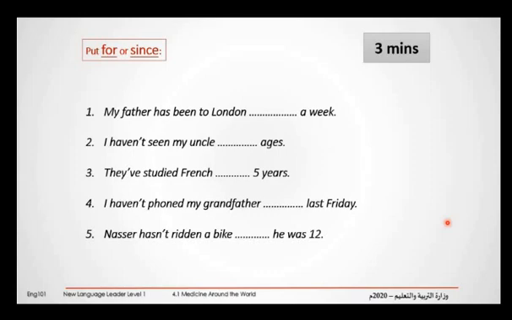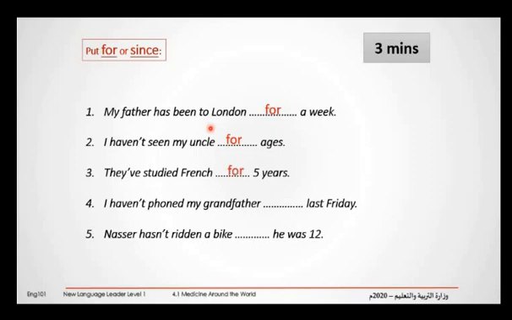Well done. Thank you. Now, let's look at the correct answers. Number 1. My father has been to London for a week. Number 2. I haven't seen my uncle for ages.